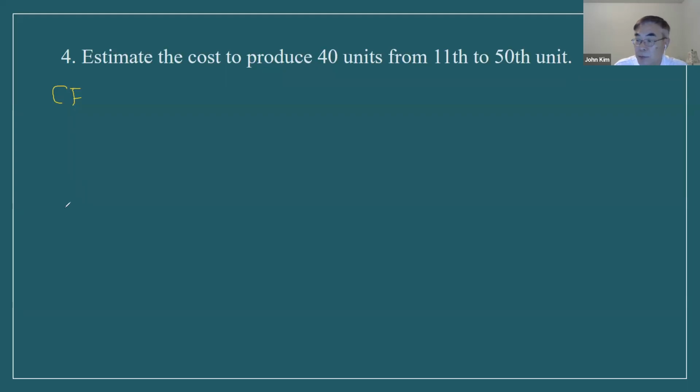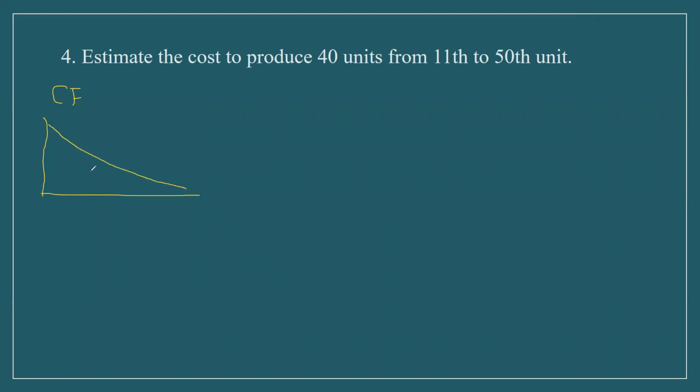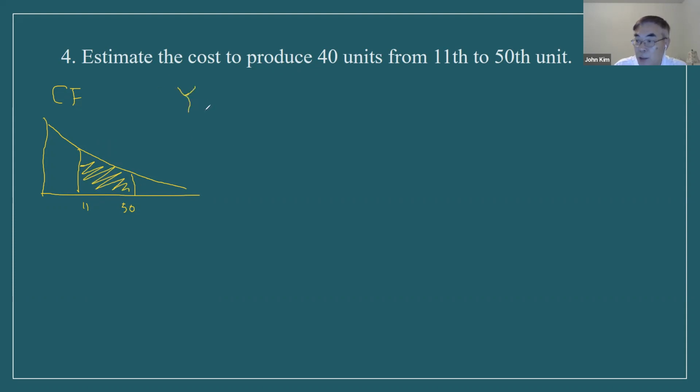And then this one is asking under the learning curve from 11 to 50, the area. So this one is Y, the cumulative cost from unit number 11 to 50.